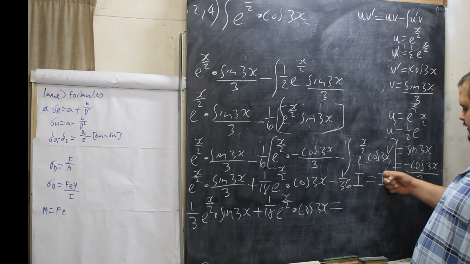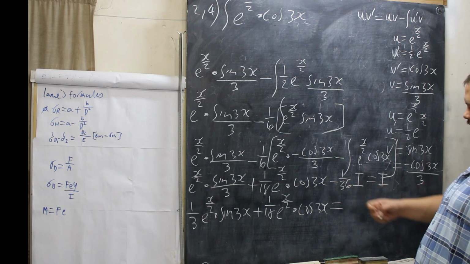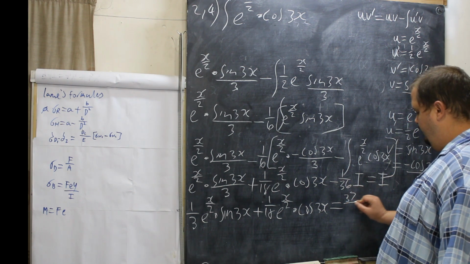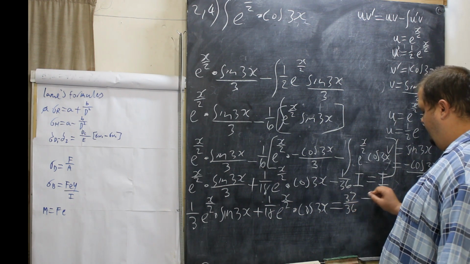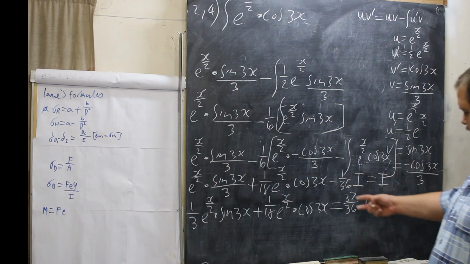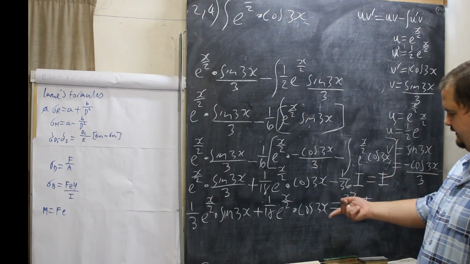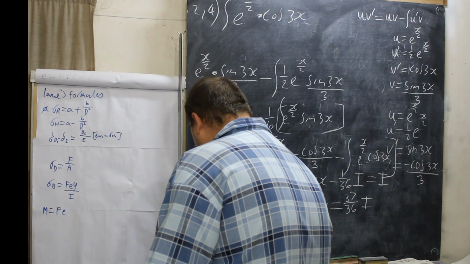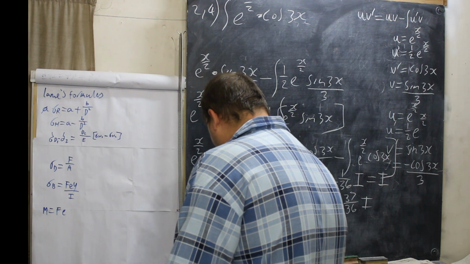So 36 over 36 plus 1 over 36 is 37 over 36 I. So all we have to do is divide, so we multiply by its inverse.